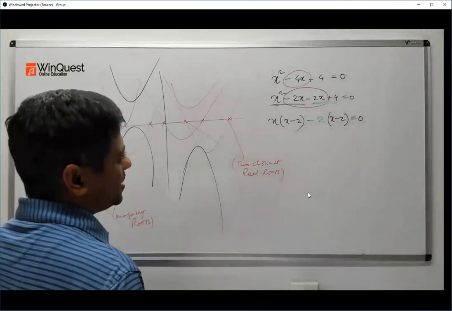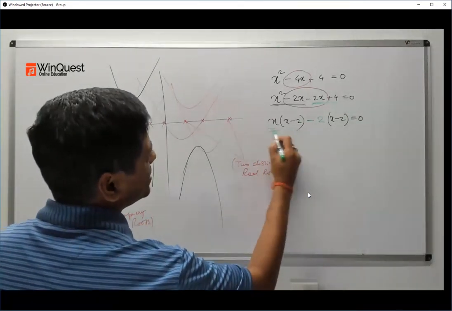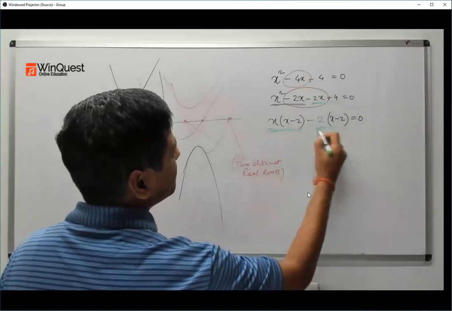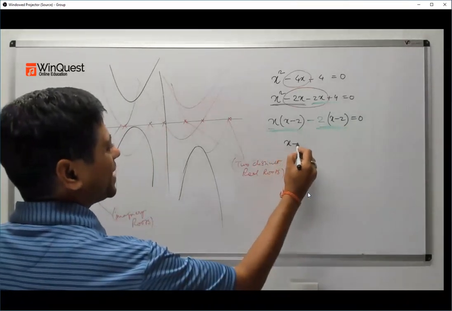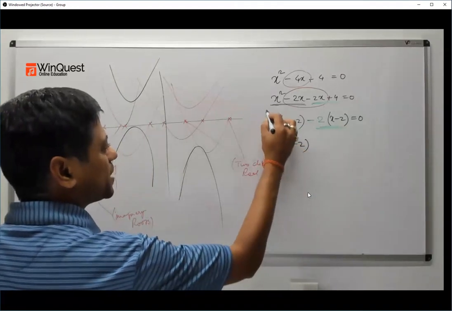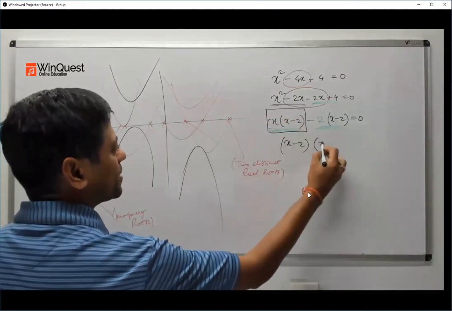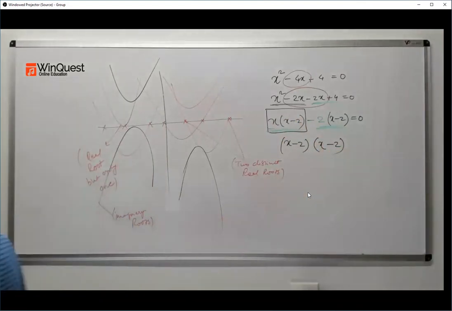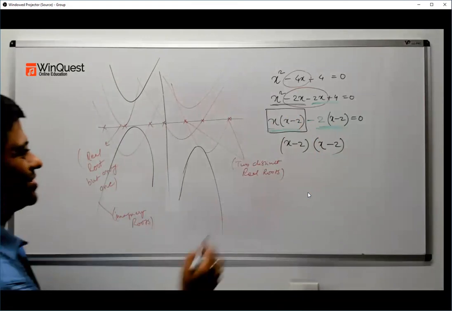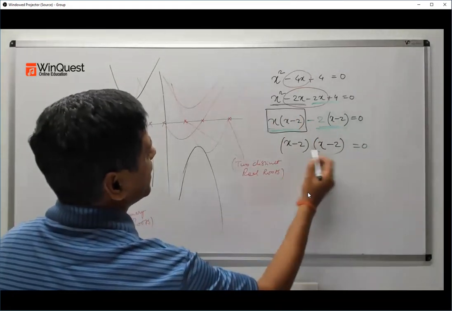Now, between these two expressions, what is the common term? x minus 2. If I take out x minus 2 from this particular expression, I am left with x. And in this particular expression, am I left with again minus 2? These are the same terms, right?